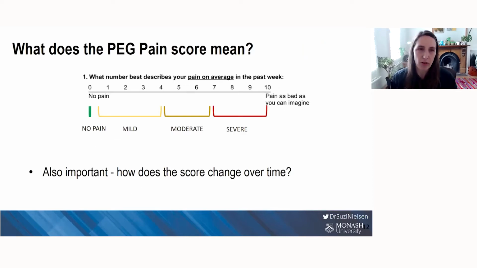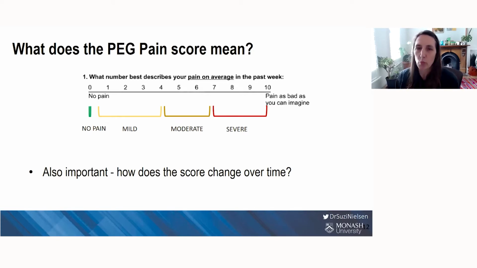So in terms of what the PEG scores mean, in general, 0 is obviously no pain in the past week. But when we look at what the other scores mean, generally 4 or less is considered a range of mild pain, and 5 to 6 is more moderate pain. And when people are rating their own pain or the effect of that pain on their life as a 7 or more, that's considered to be severe pain.